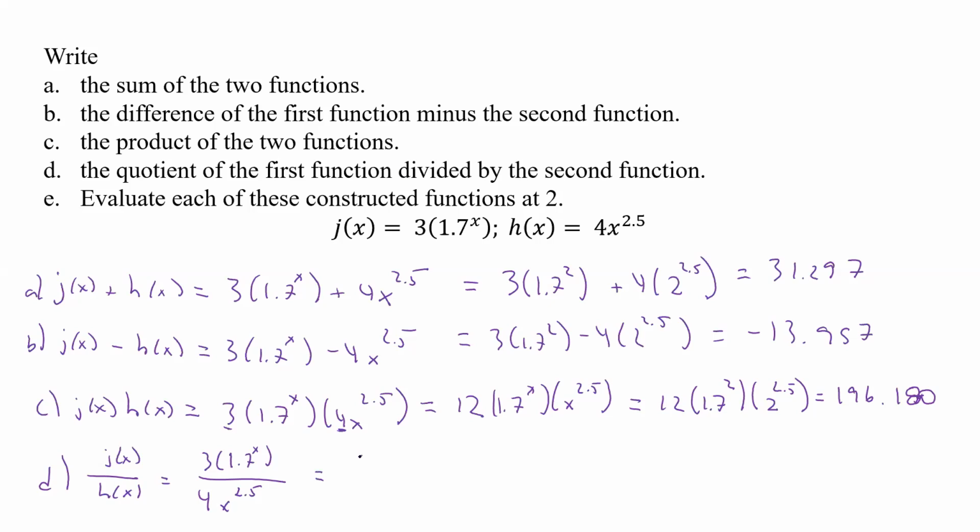And so this one is going to be 3 times 1.7 squared over 4 times 2 to the 2.5.